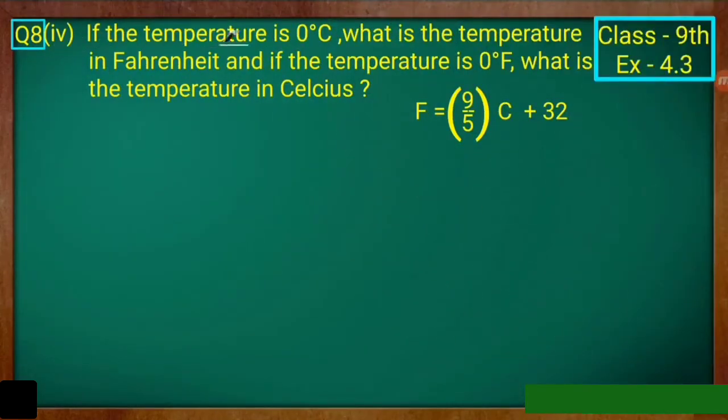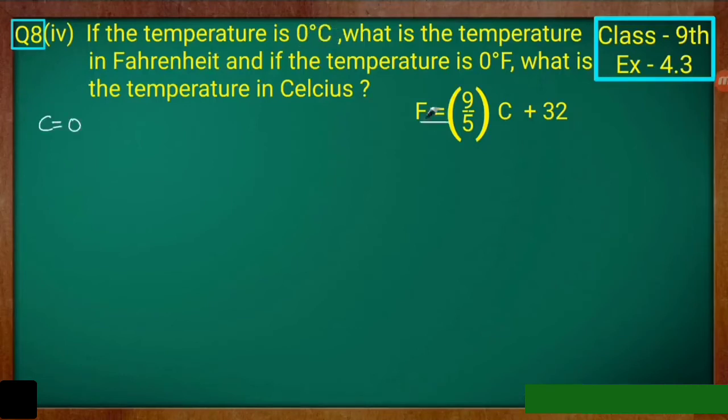Fourth part: if the temperature is 0 degree Celsius, what is the temperature in Fahrenheit? And if the temperature is 0 degree Fahrenheit, what is the temperature in Celsius? Here we have to substitute firstly Celsius equal to 0 and find the Fahrenheit, and second, substitute Fahrenheit 0 and find the value of the Celsius. It means one by one we substitute 0 for the Celsius and then for the Fahrenheit.